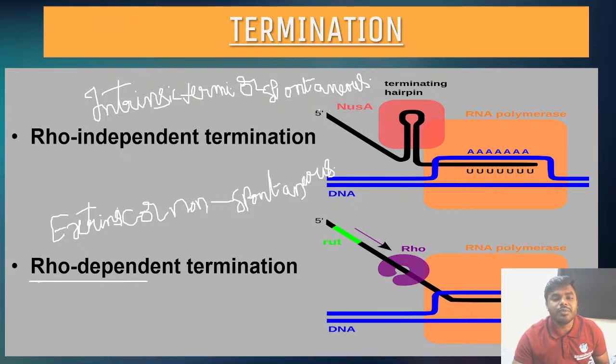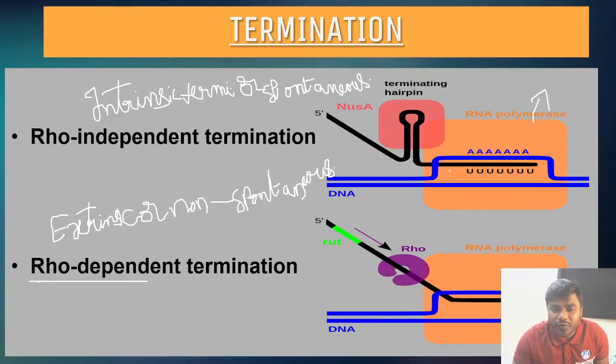Now let me explain how exactly this happens. I'll show you the animation also, and you will get a very clear idea. This is the RNA polymerase enzyme. The blue strands are the DNA and the black one is the RNA molecule.